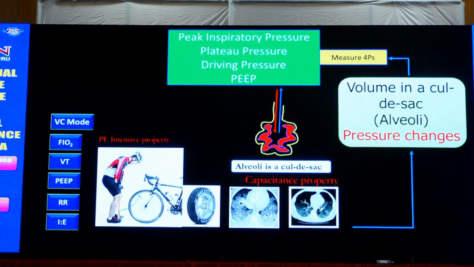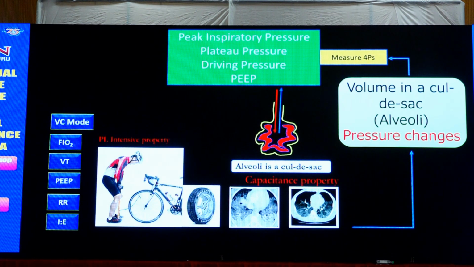See, these are the 4 pressures that you should be aware of. Whenever you set anything, it goes and reacts with the alveoli, right? And I have said, when you put tidal volume into a closed space, what rises? So what are the 4 pressures we should know? Two pressures are already there.